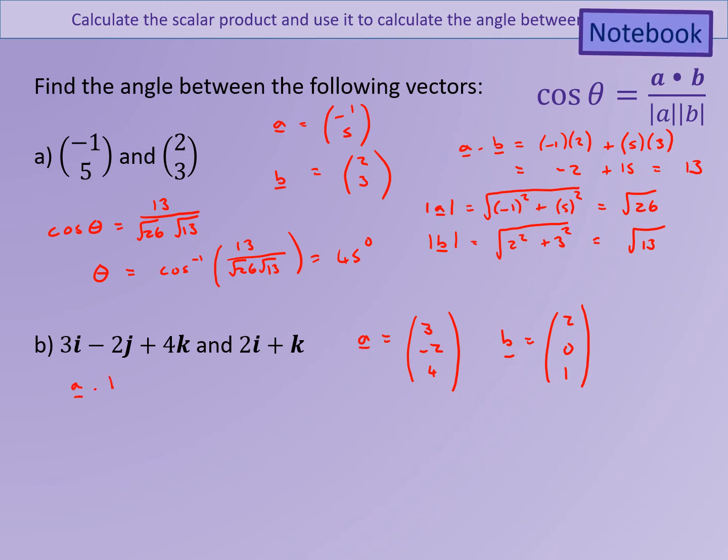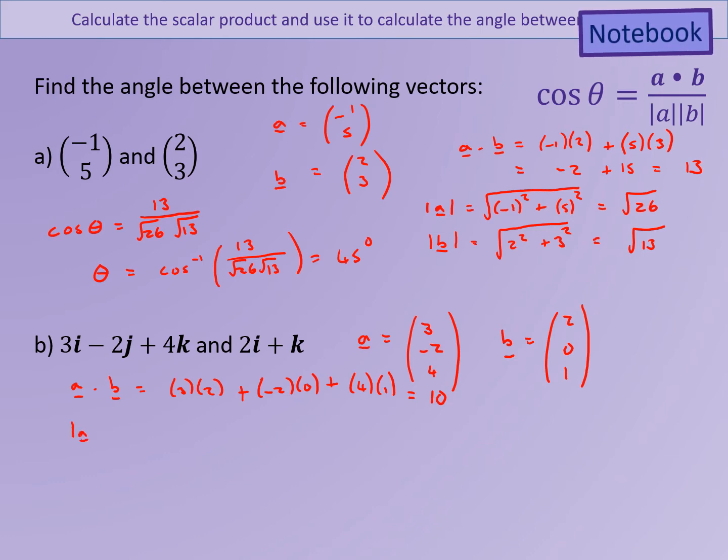So A dot B is 3 times 2 plus -2 times 0 plus 4 times 1, which gives us 6 plus 4, which is 10.